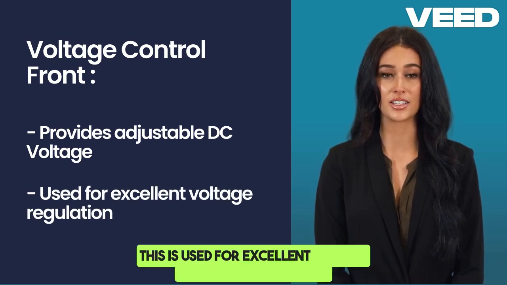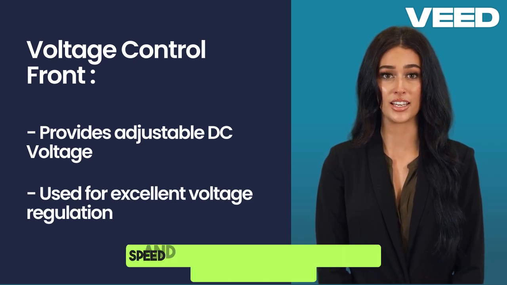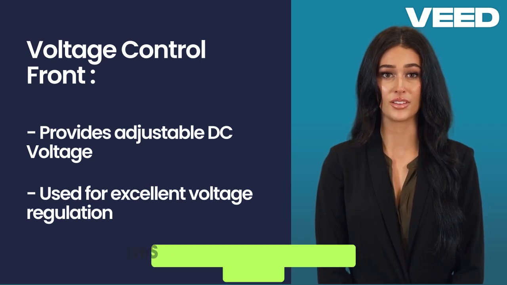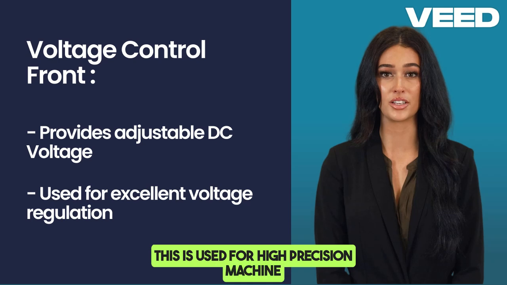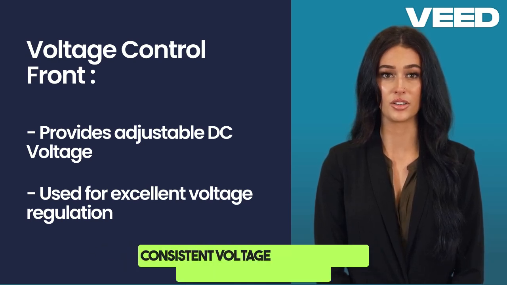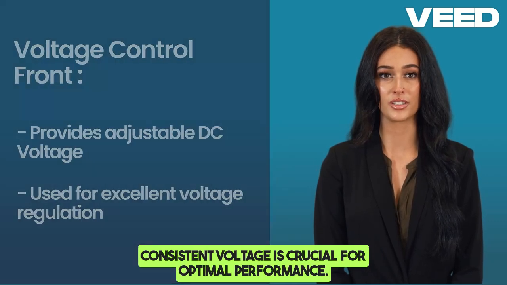This is used for excellent voltage regulation for motor speed and torque control, even with fluctuating input. It also helps avoid DC undervoltage and overvoltage faults. This is used for high-precision machine tools, wind turbines, or crane hoists, where consistent voltage is crucial for optimal performance.